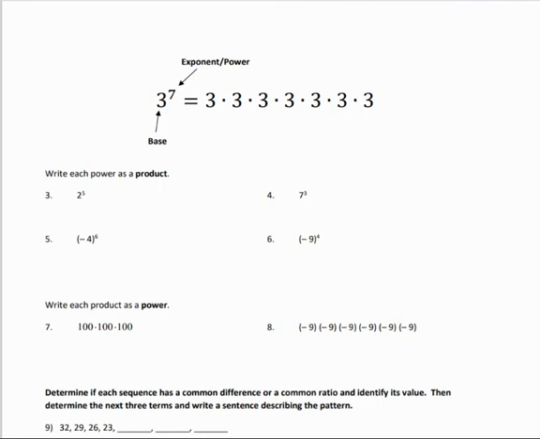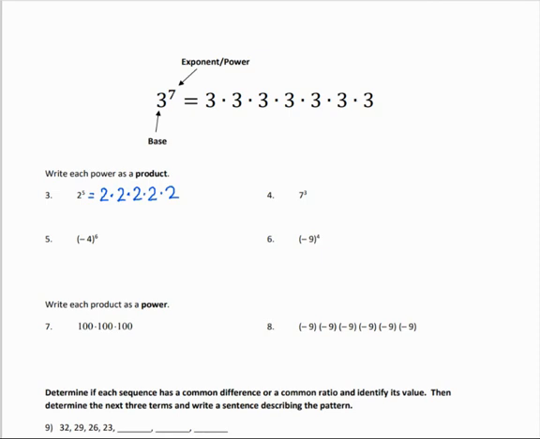So let's do number 3 together. When I say let's write 2 to the 5th as a product, we're going to write that as 2 times 2 times 2 times 2 times 2, 5 times, because it was raised to the 5th power. You don't actually have to solve it. If you want to solve it, go ahead.